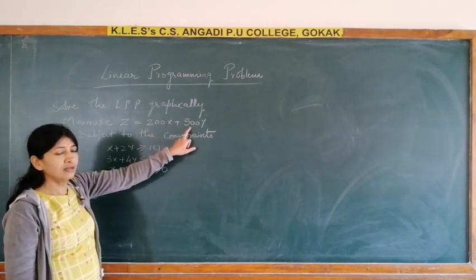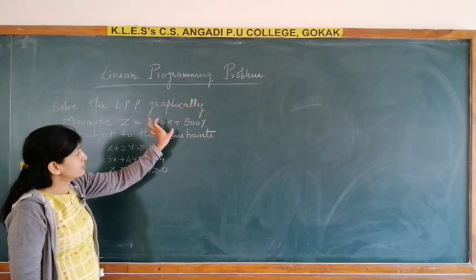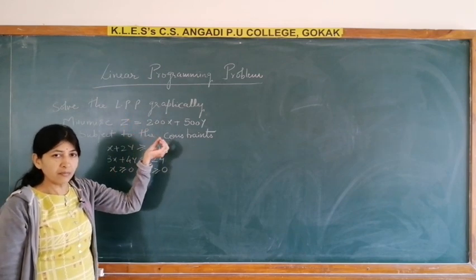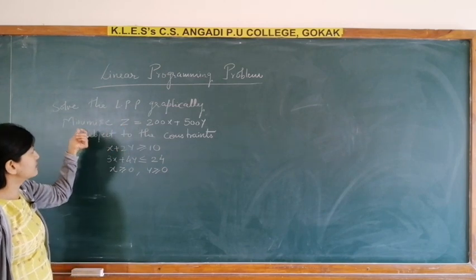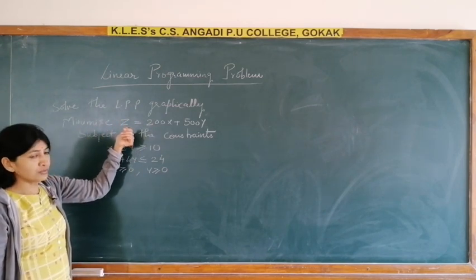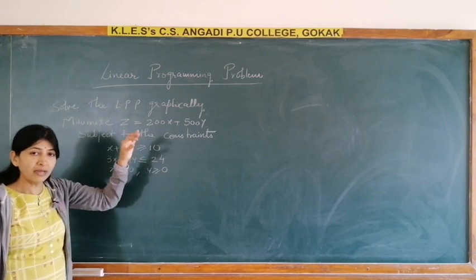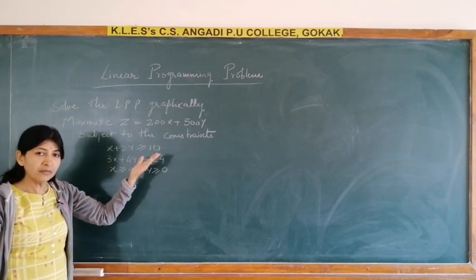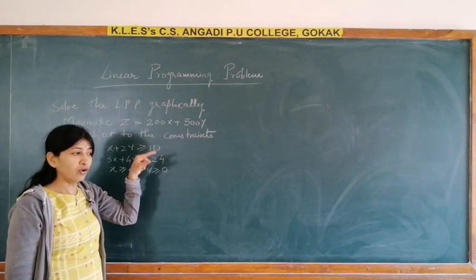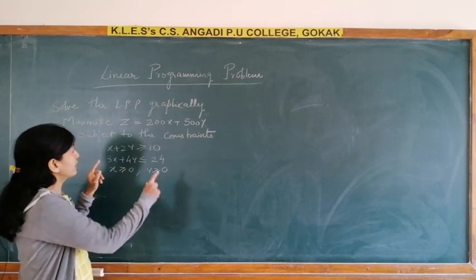What is b here? 500. So this function we have to maximize or minimize. Here the question is minimize, meaning this objective function is minimum at what point, and what is the minimum value? To find that minimum value and at what point it is minimum, for that there are limitations.